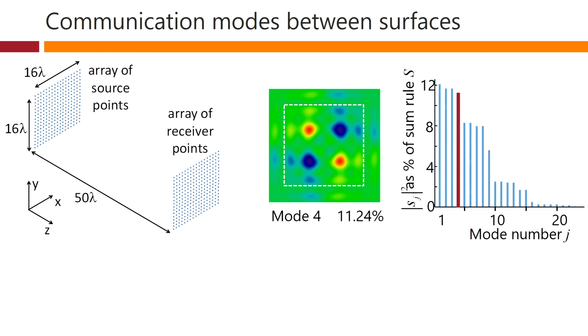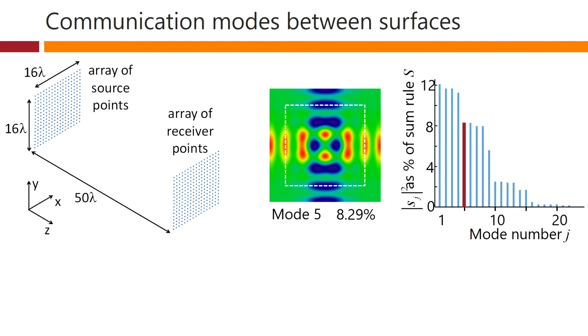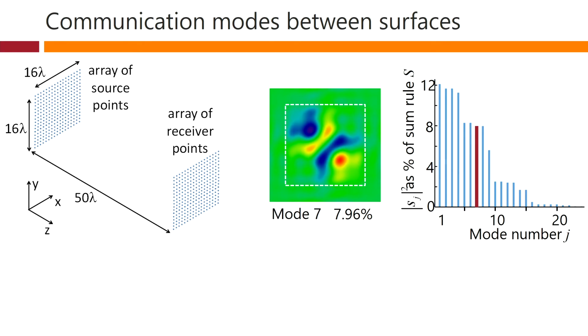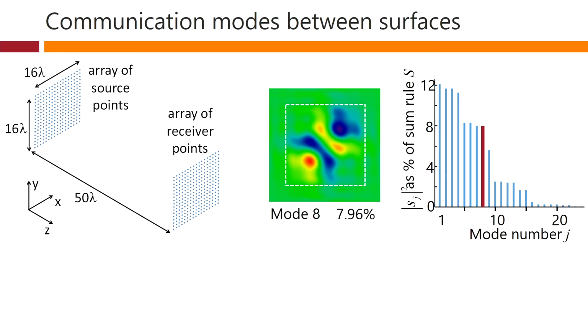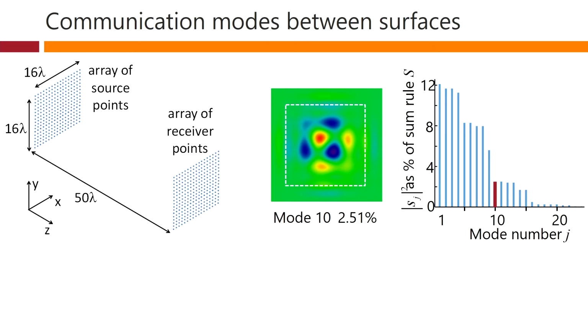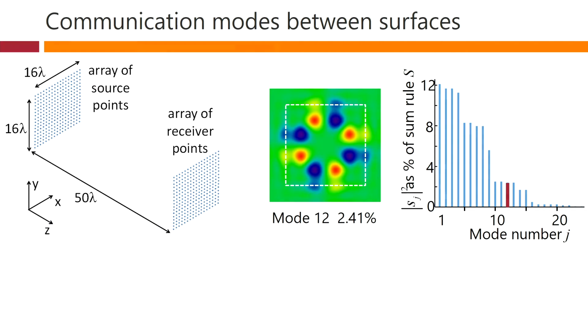And here's the fourth one. It looks substantially different, but it's approximately the same strength of coupling. Here's the fifth, the sixth, another two similarly coupled modes, and then here is mode 9, here is mode 10, here is mode 11, here's mode 12.